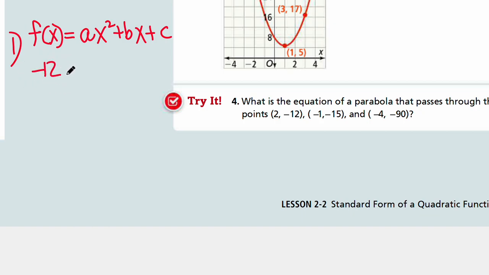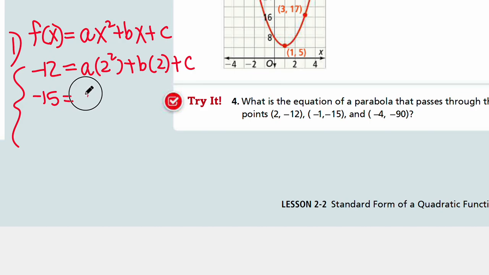So first equation, -12 is equal to a times 2 squared plus b times 2 plus c. Okay, you should have a, b, and c as variables still. Then your second point will give you -15 is equal to a times (-1) squared plus b times -1 plus c.